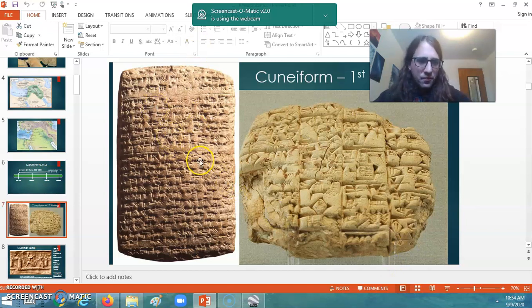And why wedge-shaped marks? Because that's kind of the shape of the tool that you would use if you were digging into wet clay. And so this writing system is based off of these very sort of straightforward triangular marks with a kind of stylus that you dig into the clay still wet, and then you bake the clay, and then basically what you have is a letter, a message.